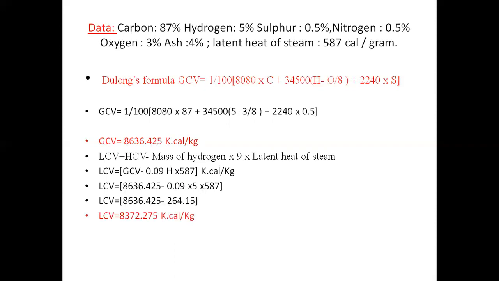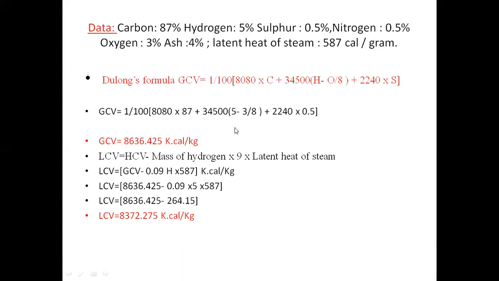The answer is 8372.275 kilocalories per kg. So that is the process of how to calculate GCV and LCV. Okay, GCV is also called HCV, LCV is also called NCV, right?